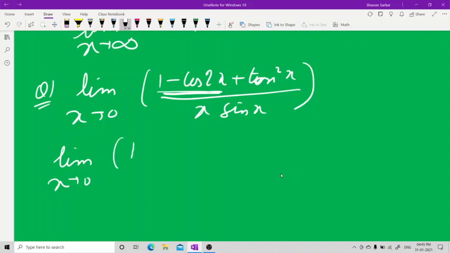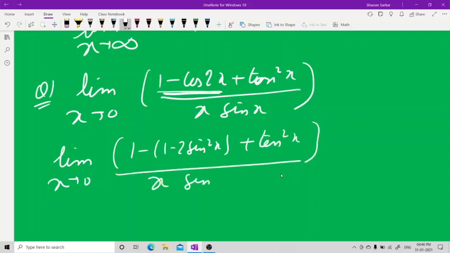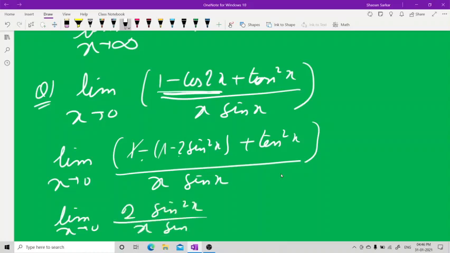Now what I'll do is 1 minus 2 sine square x plus tan square x upon x sine x. Now you can see 1 will cancel, and minus will become plus: limit x tending to 0, 2 sine square x upon x sine x, plus limit x tending to 0, tan square x upon x sine x.